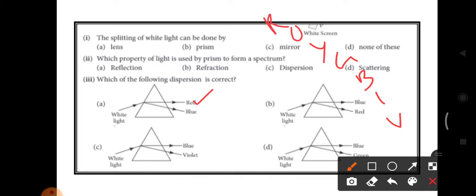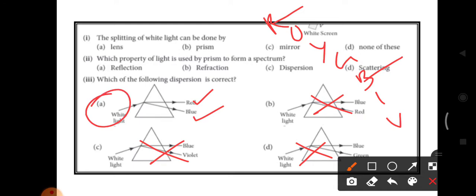The red is at the top. So this is wrong because the blue is at the top. This is also wrong. And this is also wrong. And the blue at the bottom. Okay. The red is at the top, blue at the bottom. So option A is the correct answer.